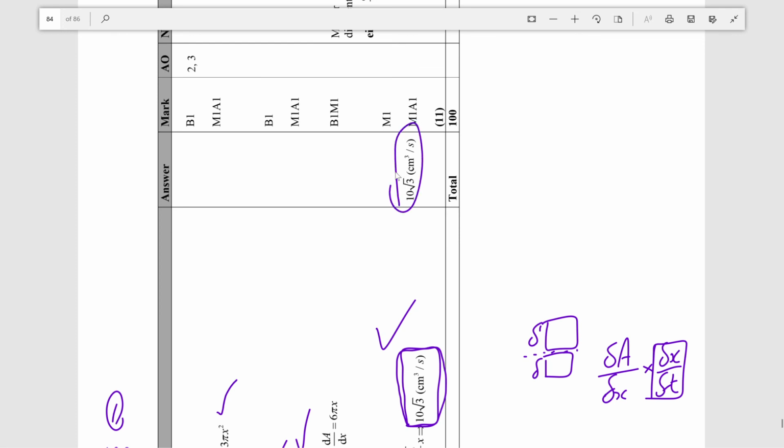Right, so our final answer here was correct. We got all these marks here. Remember, this is key, that the examiner will give you marks if your method is valid. It doesn't have to be exactly the one on the mark scheme, just has to be valid. Alright, so 10 root 3 centimeters cubed per second, and we have 11 marks.